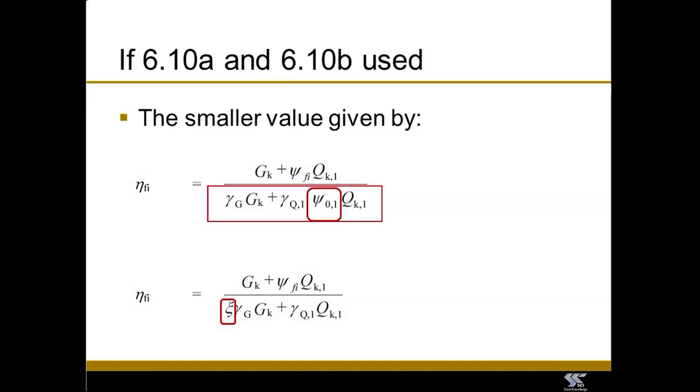That would be the design value of the actions based on 610A. And the bottom one, the denominator, would be the design value of the actions based on 610B. So if you had done that, then you would use these slightly different expressions. The numerator, still remember, has got this reduction factor, psi fire.